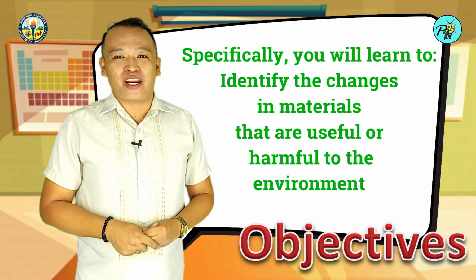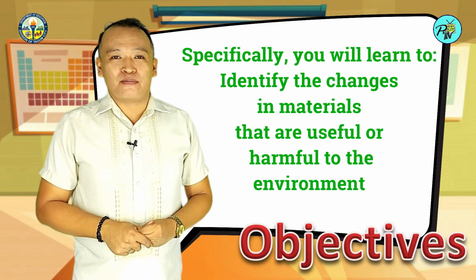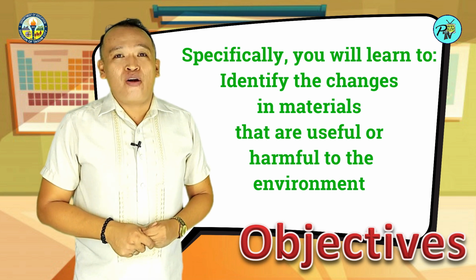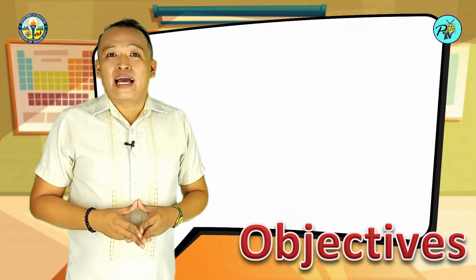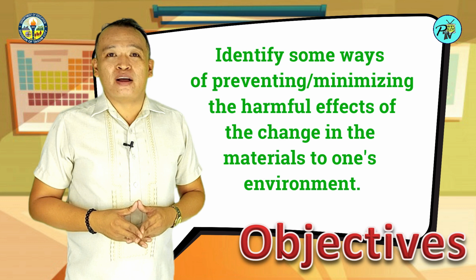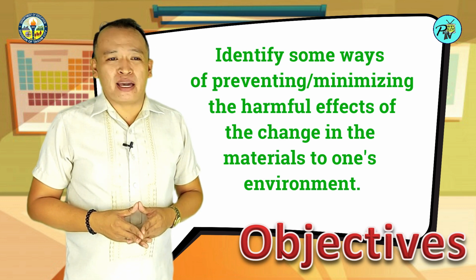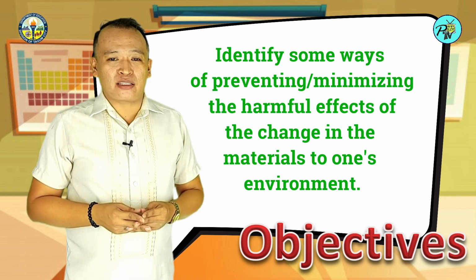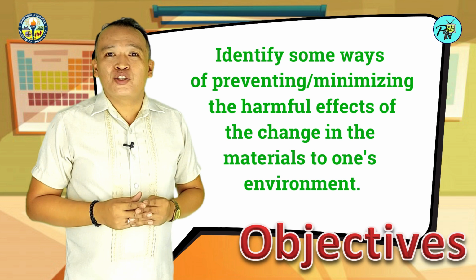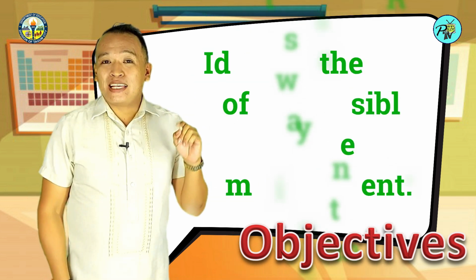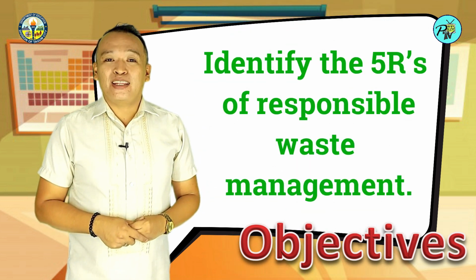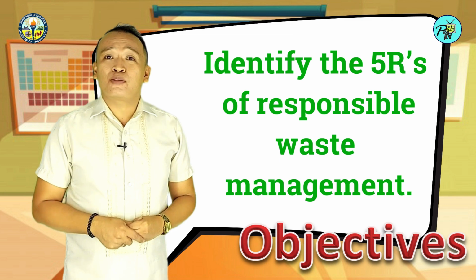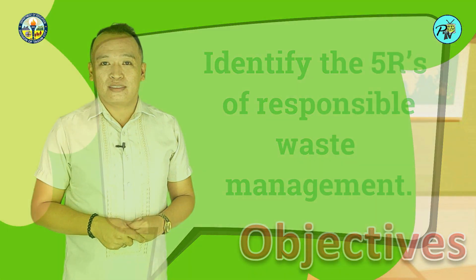Specifically, you will learn to identify the changes in materials that are useful or harmful to the environment. Identify some ways of preventing or minimizing the harmful effect of change in materials to one's environment. And lastly, identify the 5 R's of the responsible waste management.